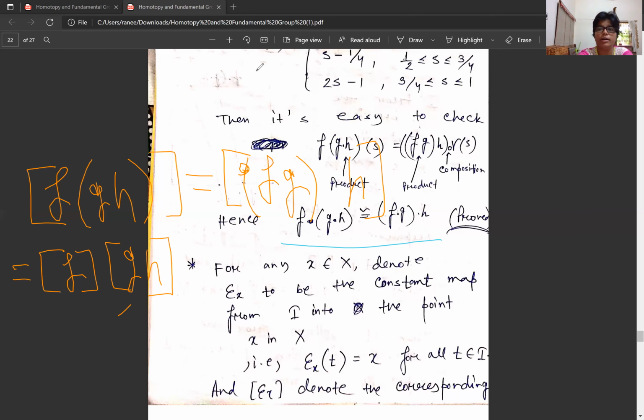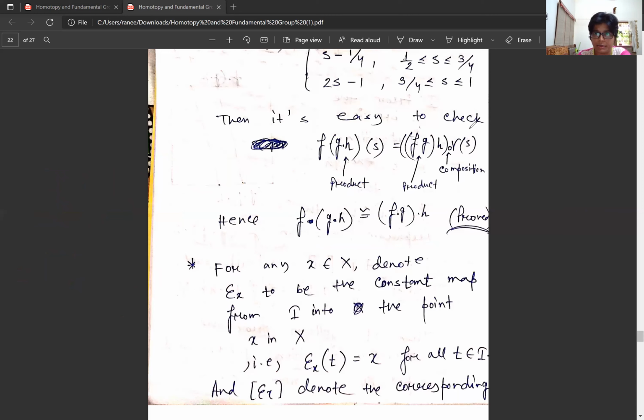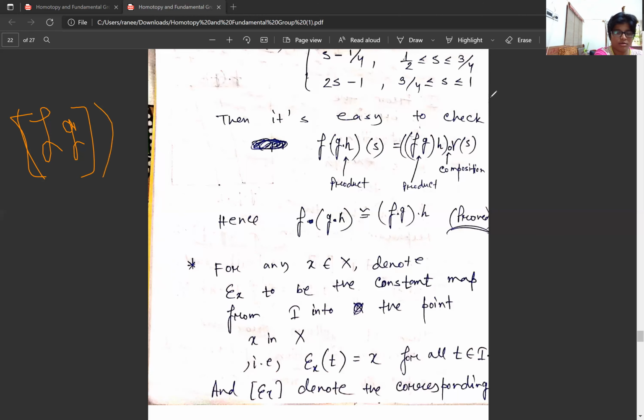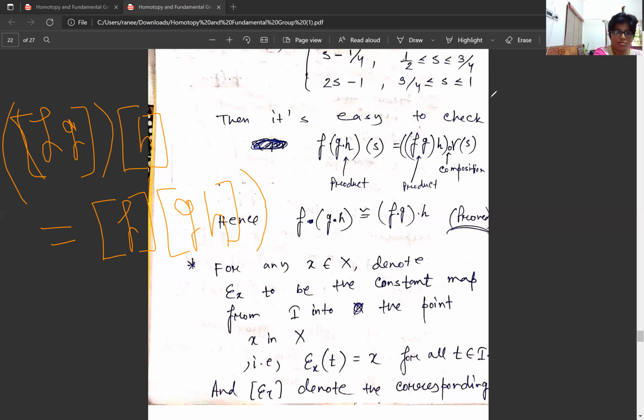So all I'm trying to say here, without wasting much time on this, is that the homotopy class of this, or you can say the homotopy of g and the homotopy of h.